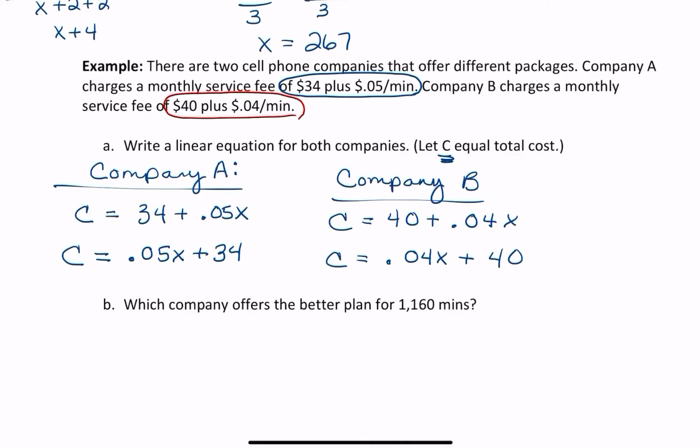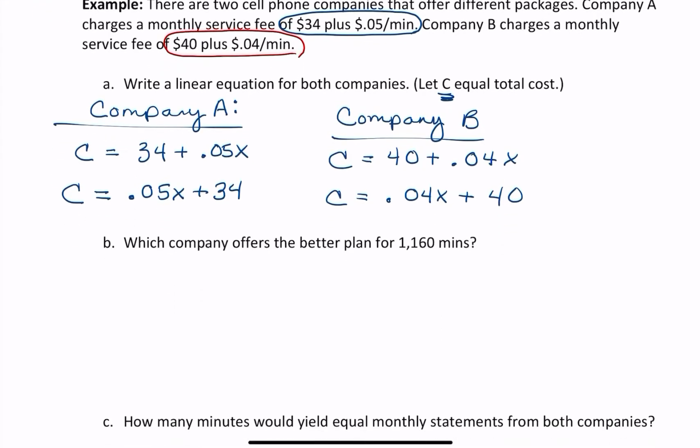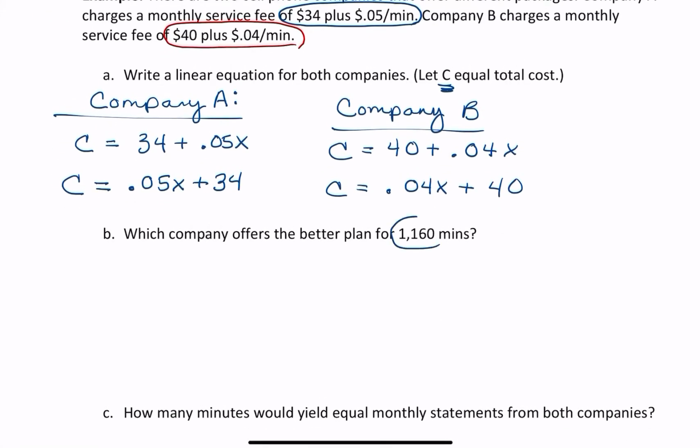So those are your 2 equations for each company. The next part asks you which one offers a better plan for 1160 minutes. So to find that out, you're just going to simply plug this in for x, your number of minutes. So let's look at company A.